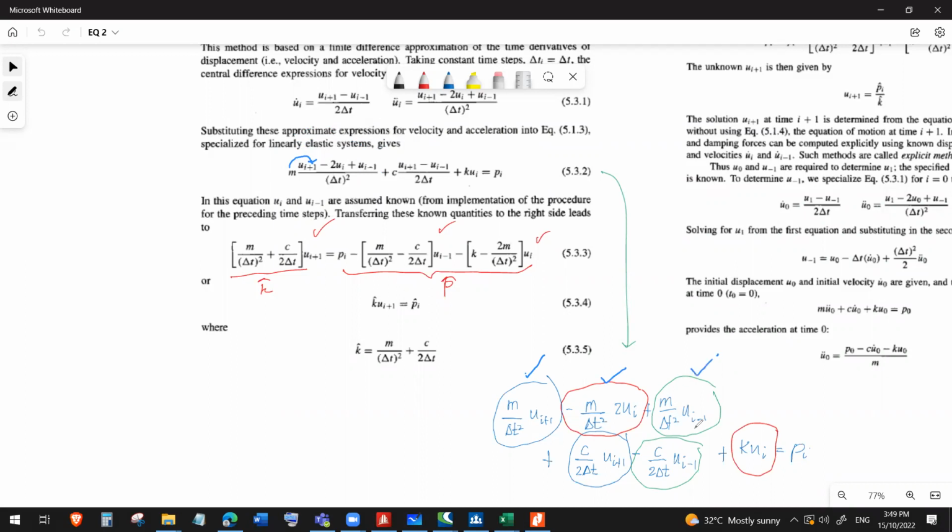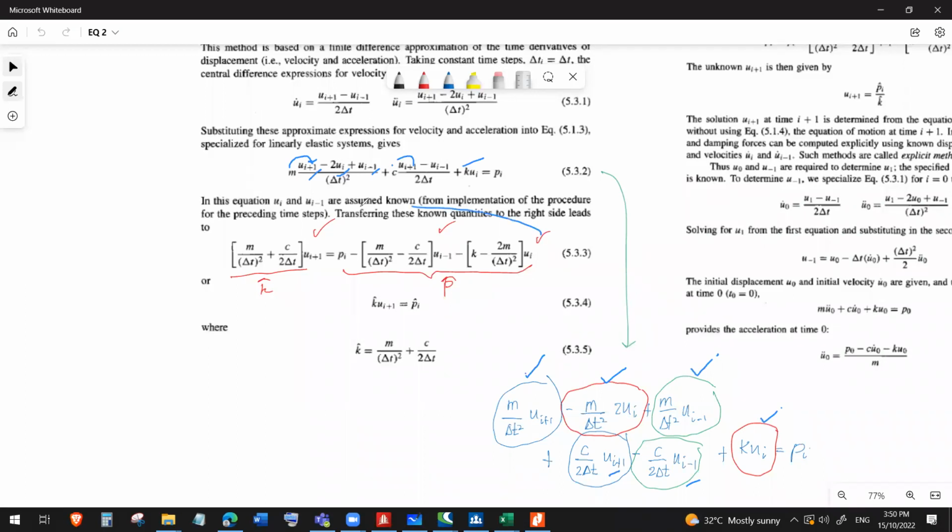So green naman siya. So the colors corresponding to ano. So yung blue is u i plus 1. The red is u i. Then the green is u i minus 1. Okay. So here, c times u i plus 1, so blue, over 2 delta t. c times u i minus 1, so green. And this one, k u i, so meaning red.